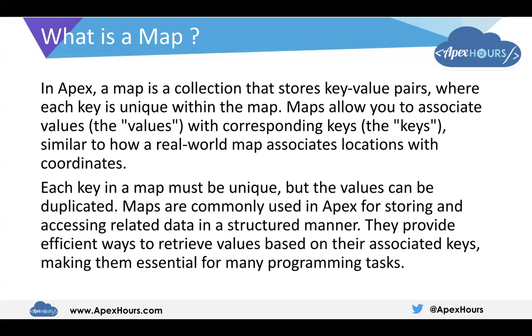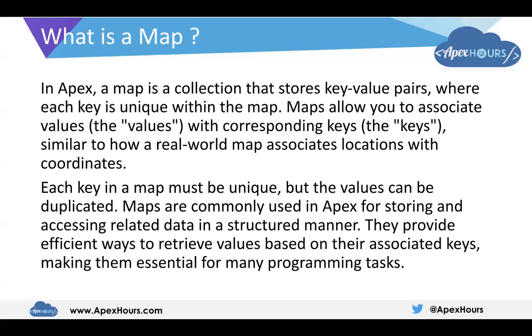A map is a data structure which holds data in key value pairs. What are key value pairs? Keys are always unique and values can be duplicated. Each key in a map must be unique, but the values can be duplicated.